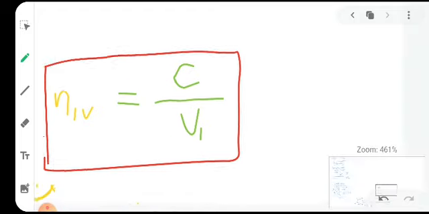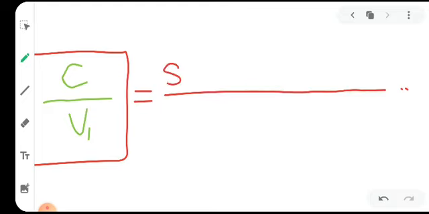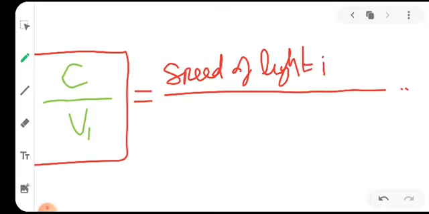So in words, this would look like: refractive index of a material is nothing but the ratio of speed of light in vacuum. Actually, the spelling of vacuum should be V-A-C-U-U-M, so that's a mistake.